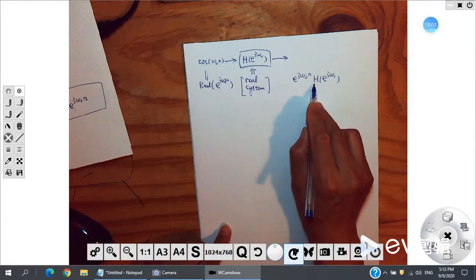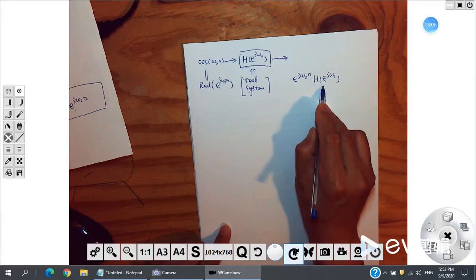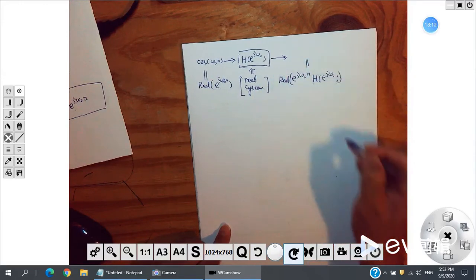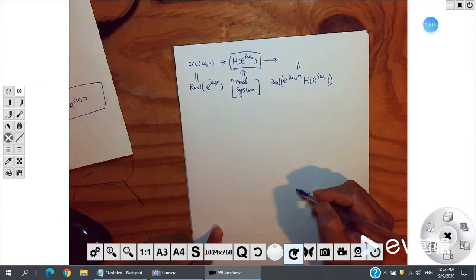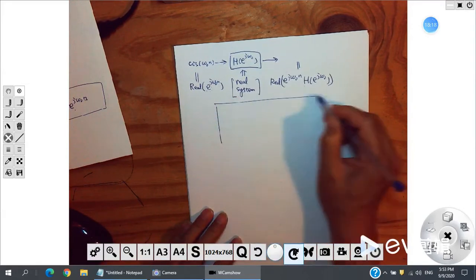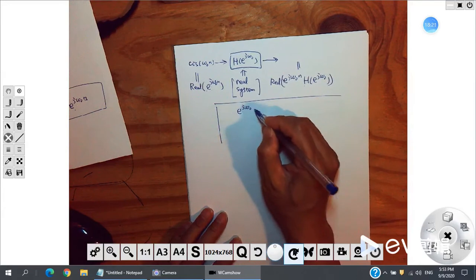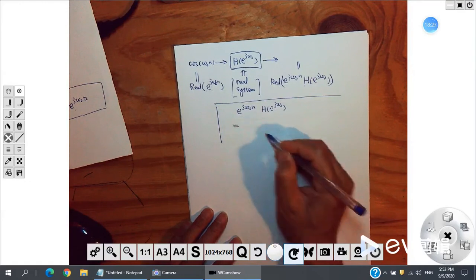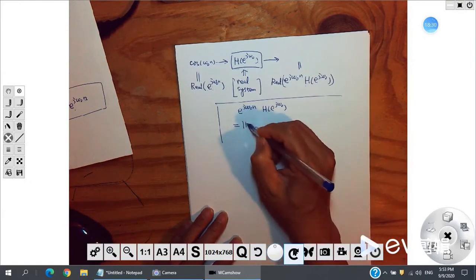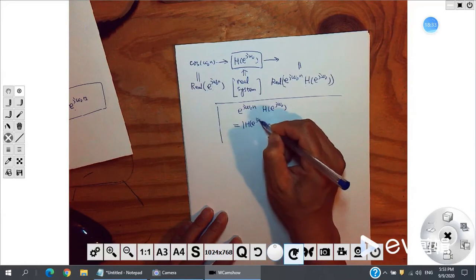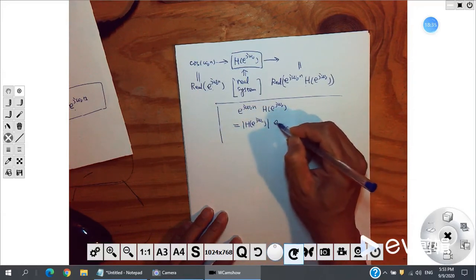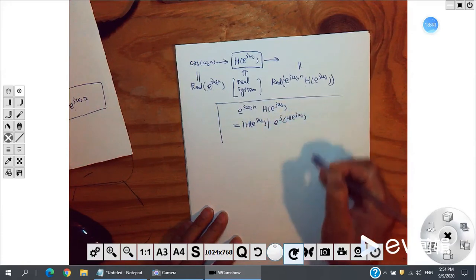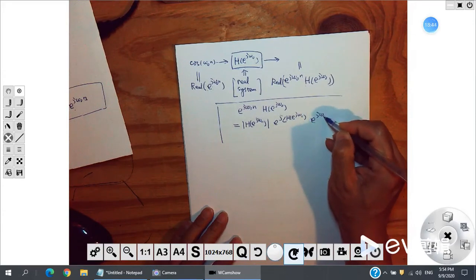This one contains both real part and imaginary part. Then the real part is this one. And what is this real part? Okay, we need to do some calculation here. e to the j omega 0 n times H of e to the j omega 0. I can write it as, okay, I put H in front, as the magnitude of H of e to the j omega 0 times e to the j angle of H of e to the j omega 0, then times e to the j omega 0 n.